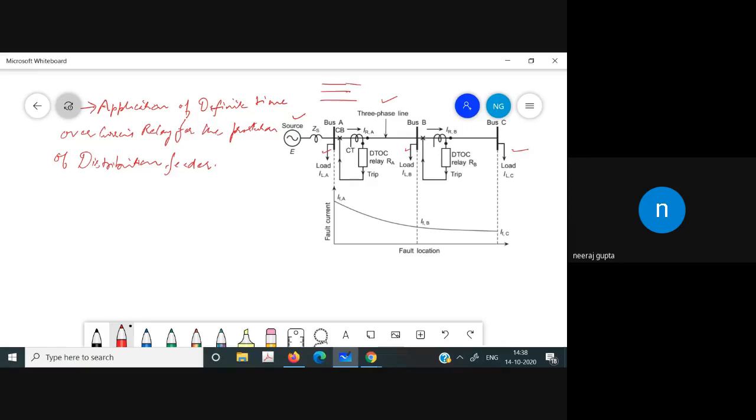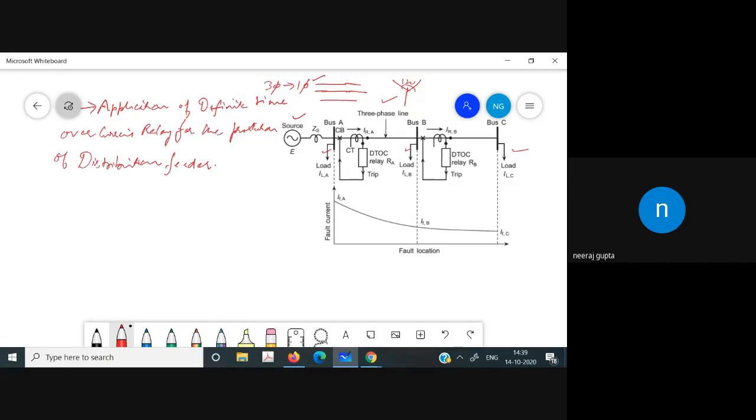In a balanced system, as you already know, the phases differ by 120 degrees. So we can represent it by a single line diagram and find the result for one phase, and for the other phases we can get the result by rotating it by 120 degrees. So that's why, for the three-phase system, we can represent it by a single phase or single line diagram.